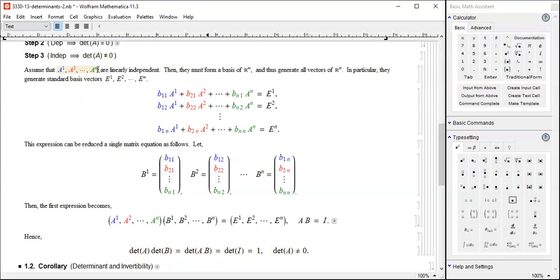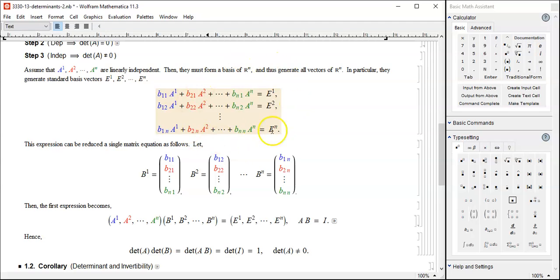So we got everything here except one big hole, of course, which we will fill up. Assuming A1 through An are linearly independent, there are n linearly independent vectors in an n-dimensional space, so they form a basis, so they generate. In particular, they generate standard basis vectors E1, E2, E3, all the way over to En, and that's what this is. E1 is a linear combination of A1 through An, E2 is a linear combination of A1 through An, and so on.